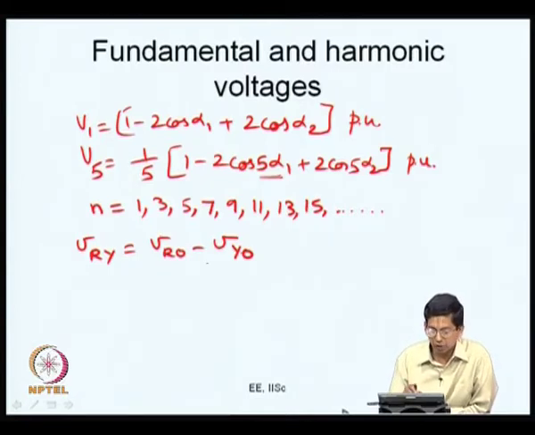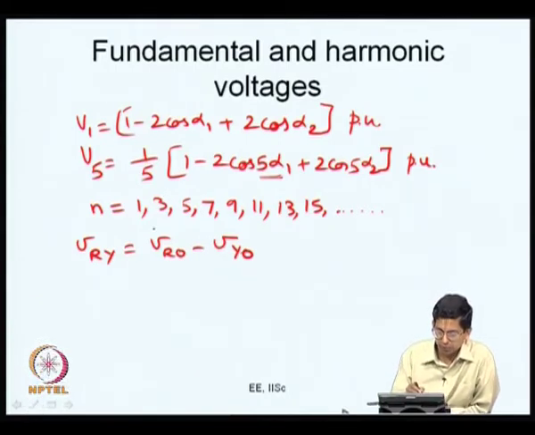So, the third harmonic will be available at the same phase in both the waveforms, and when you subtract V RO minus V yO, the third harmonics will get cancelled. So, the third harmonics will all go off.